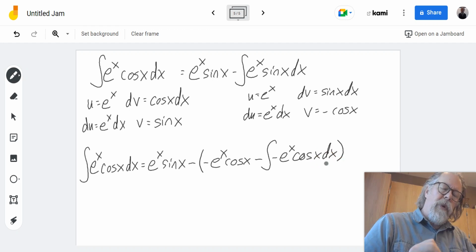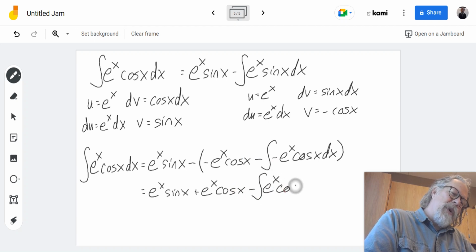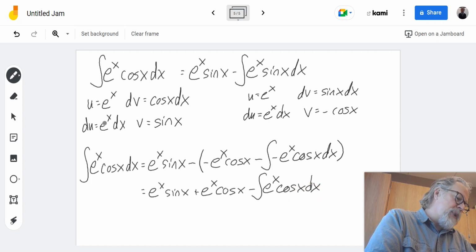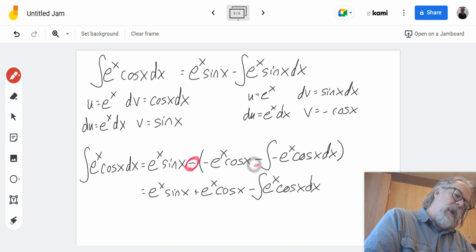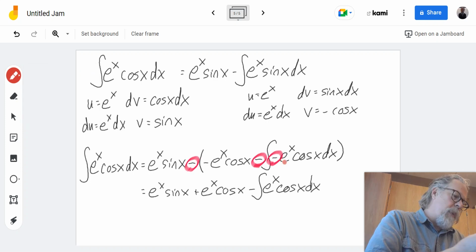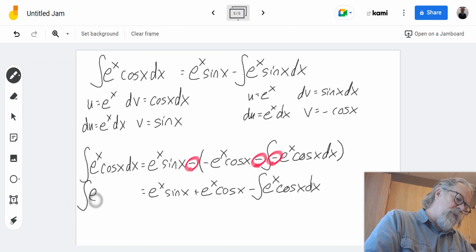Keeping track of all of our minuses, this becomes e to the x sine x plus e to the x cosine x minus the integral of e to the x cosine x dx. And in case you'd lost track there, we had a minus and a minus and a minus, so 3 of them. And of course, this all equals the integral of e to the x cosine x dx.